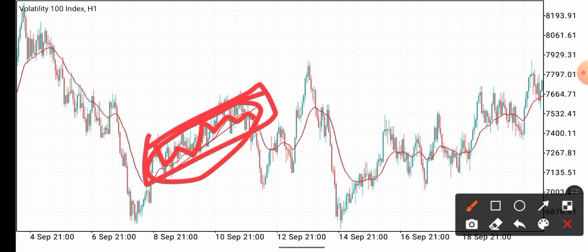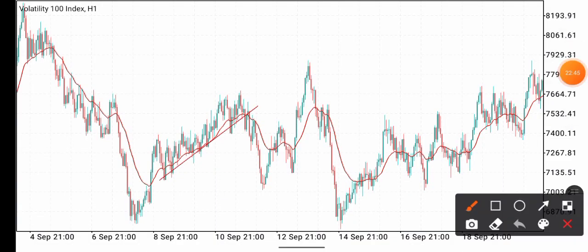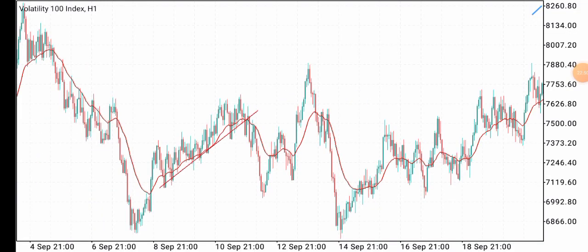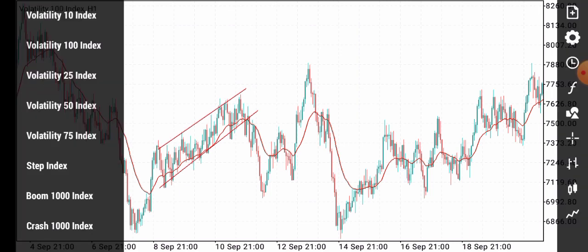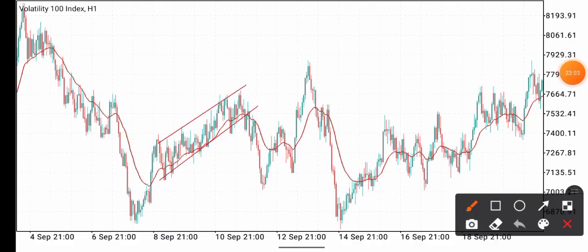But merely looking at this, let me go to the second trend line. For me, merely looking at this, I'll be expecting it to buy. Price came from here and retraced. You see, for me, I'll be expecting it to buy.